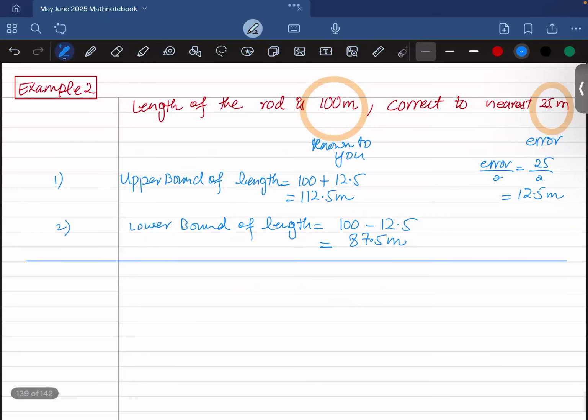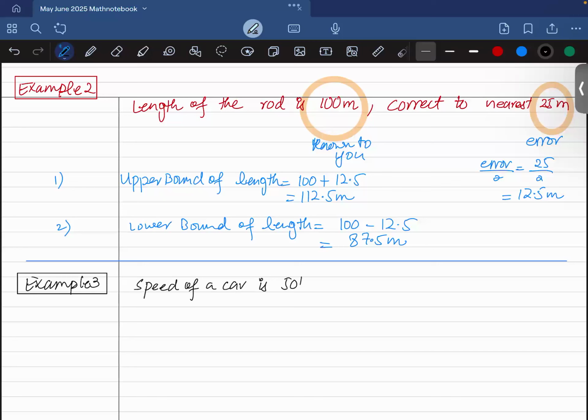Proceeding. Example number 3. Can you hear me? Yes, sir. Okay. Speed of a car is 50 kilometer per hour, correct to nearest 10 kilometer per hour.